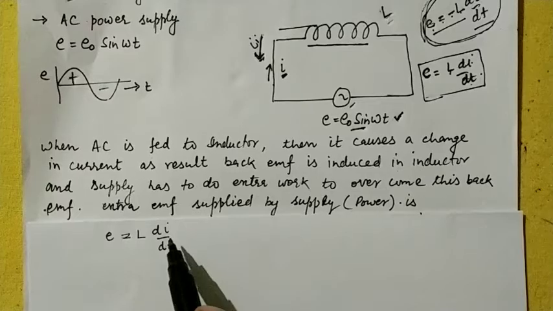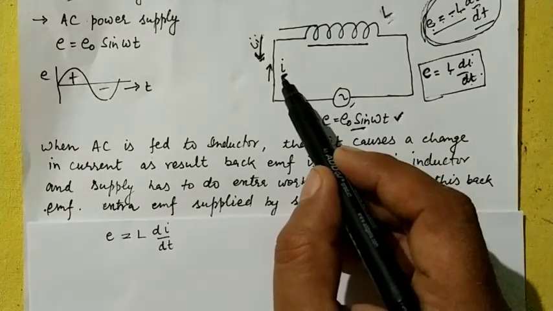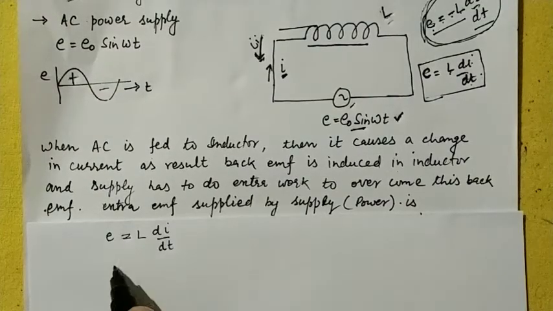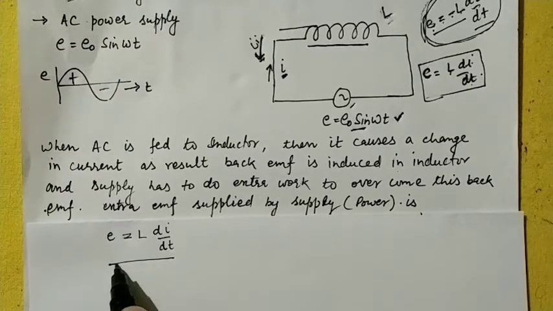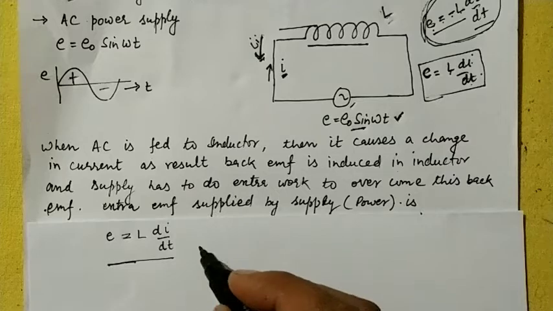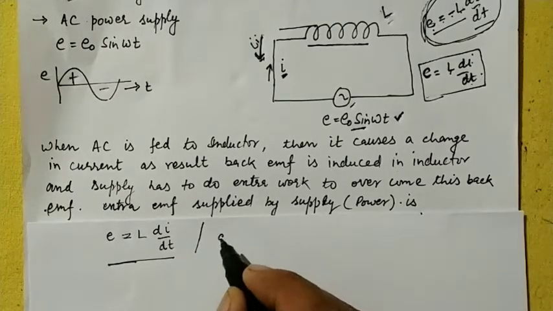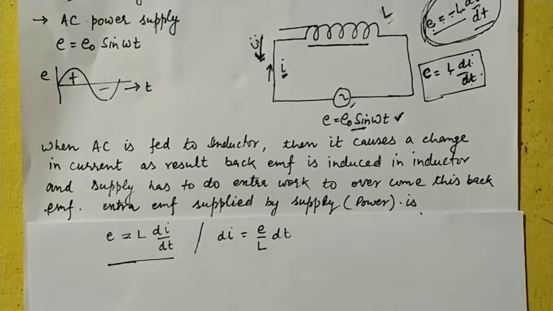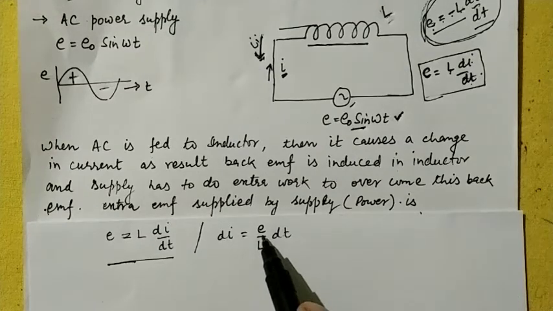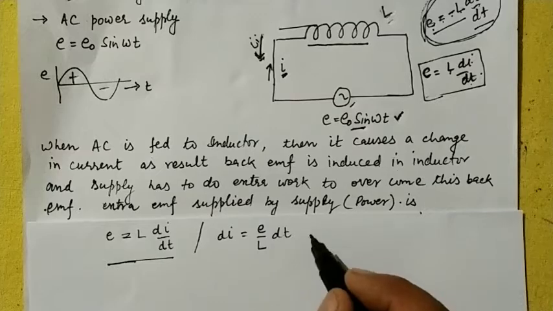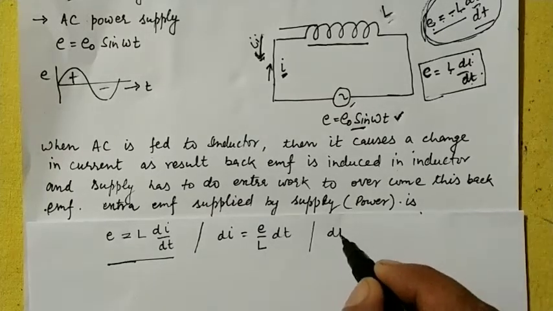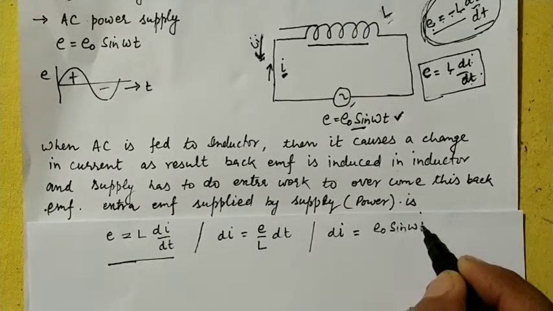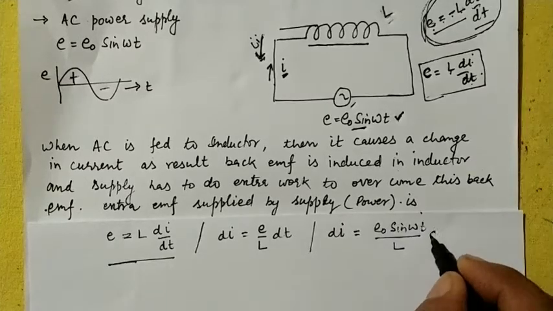Now we want to calculate the instantaneous value of current through this inductor. For that I will solve from this equation. We have di is equal to E by L into dt. Now put the value of the alternating voltage: di is equal to E naught sine of omega t divided by L into dt.